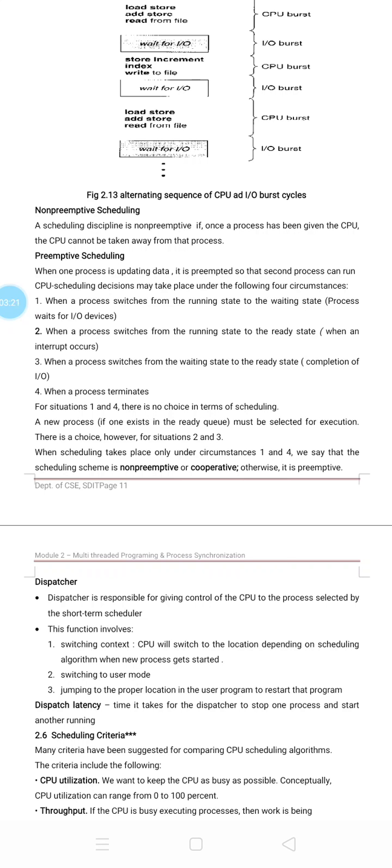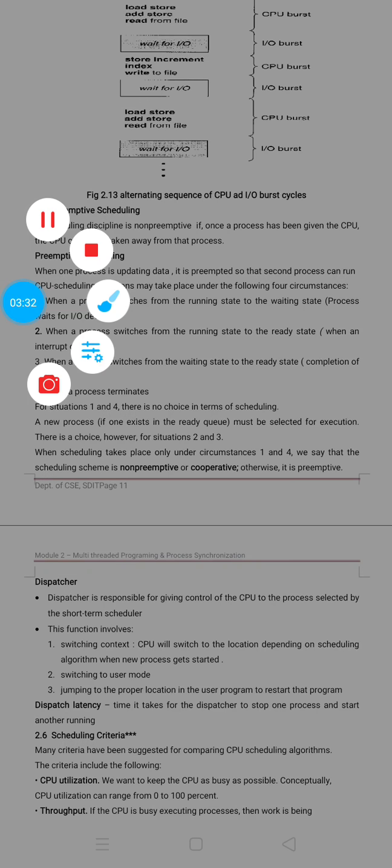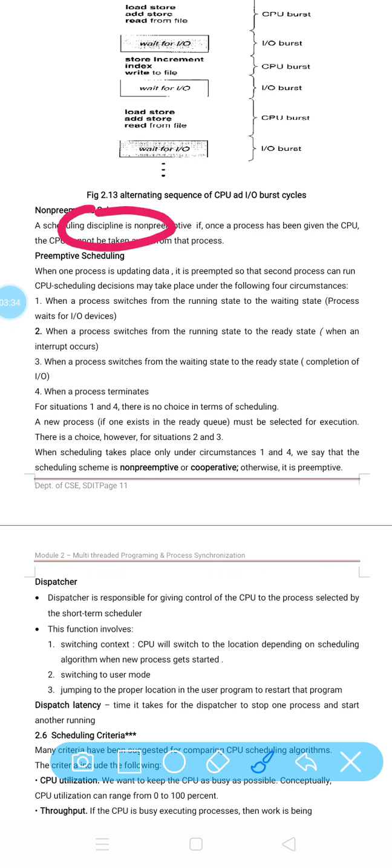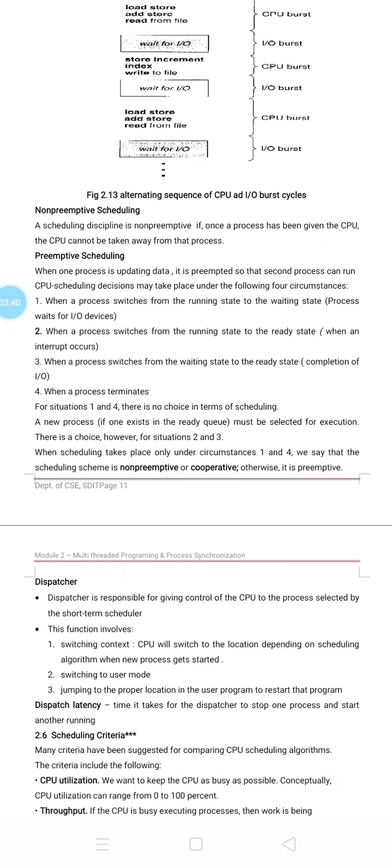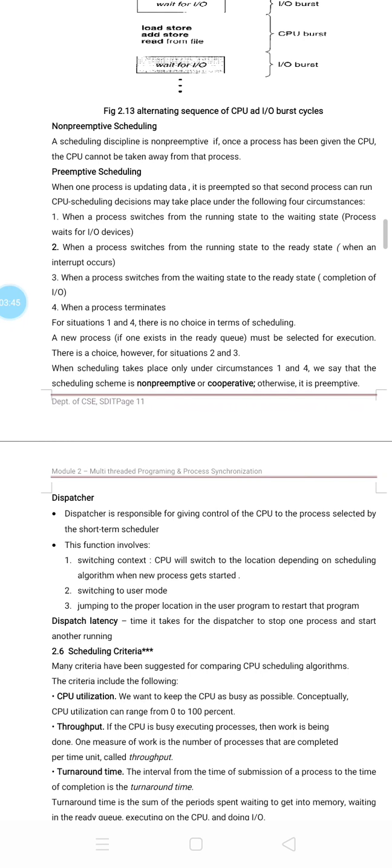A scheduling discipline is non-preemptive if once the process has been given the CPU, the CPU cannot be taken away from the process. Forcefully you cannot take the CPU away. The process on its own should give away the control of CPU, and that is called non-preemptive.